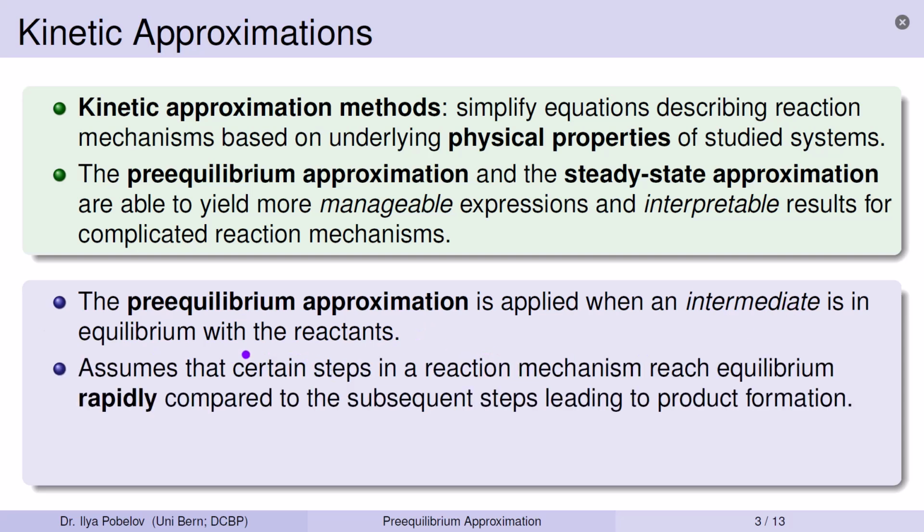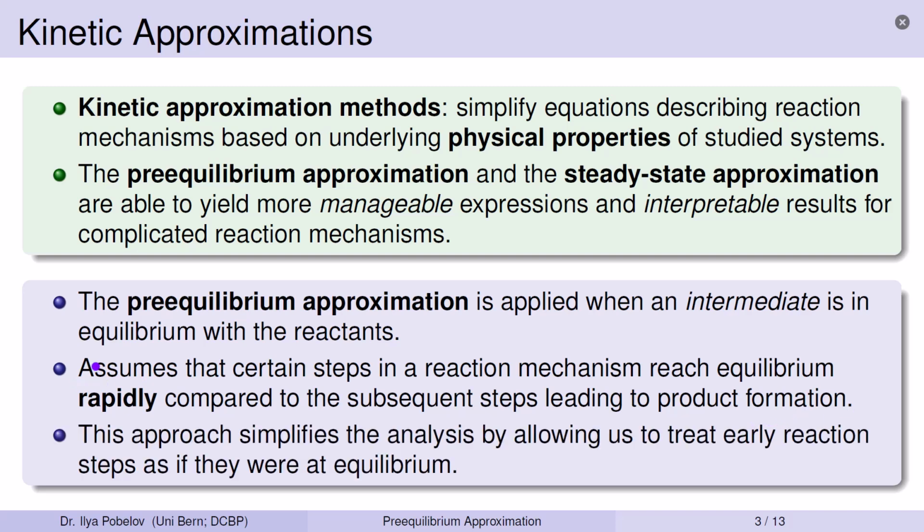It assumes that certain steps in a reaction mechanism reach equilibrium rapidly compared to the subsequent steps leading to product formation. This approach simplifies the analysis by allowing us to treat these early reaction steps as if they were at equilibrium, simplifying the evaluation of the overall reaction mechanism.